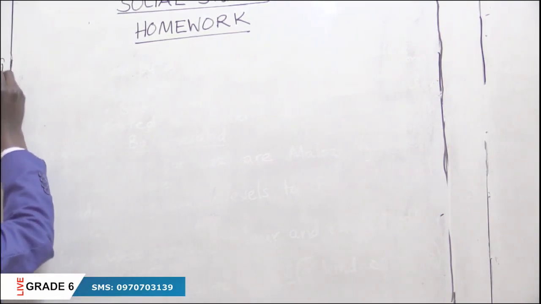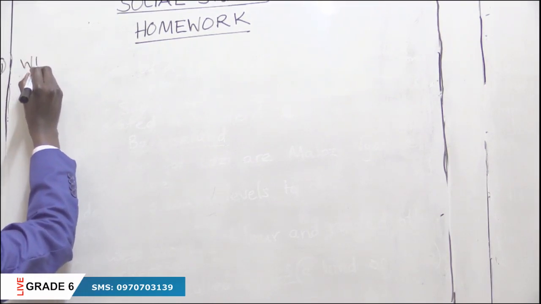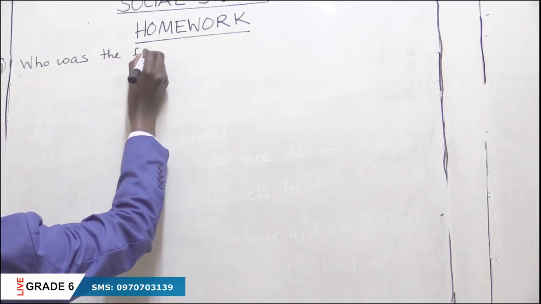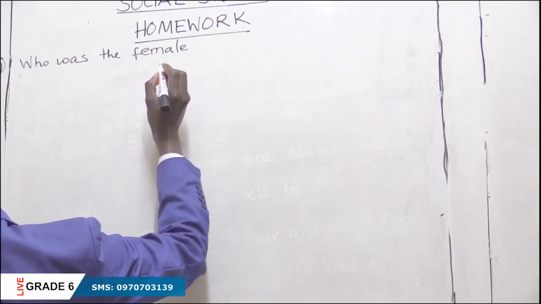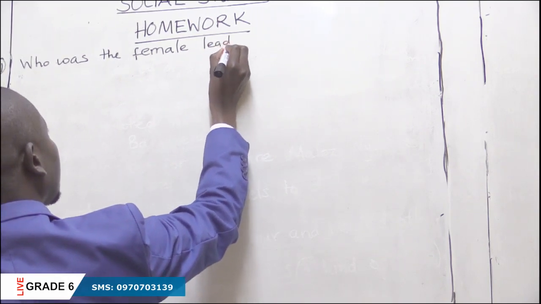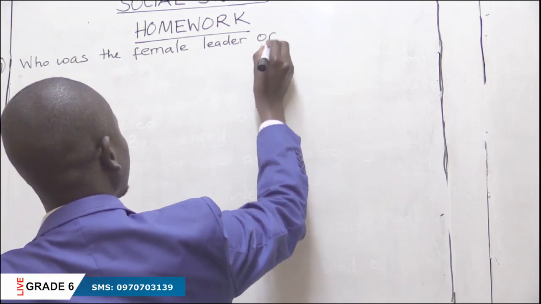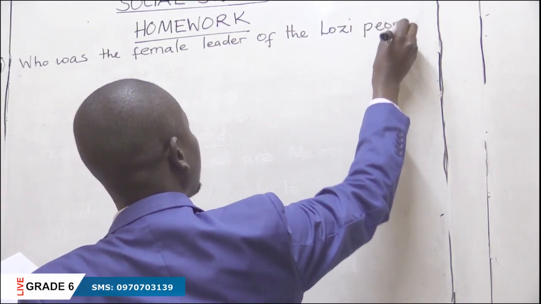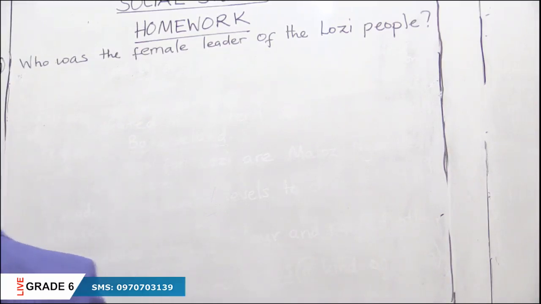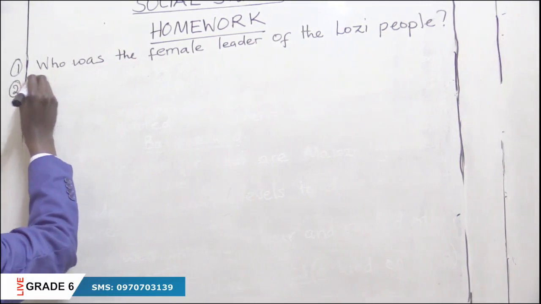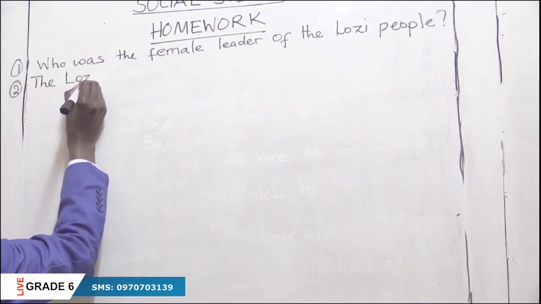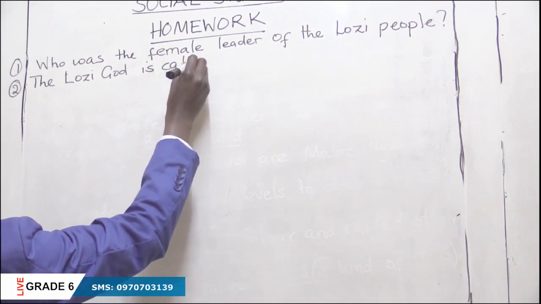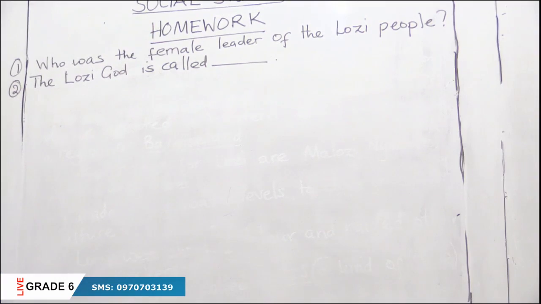Number 1: Who was the female leader of the Lozi people? Number 2: The Lozi god is called Dash.